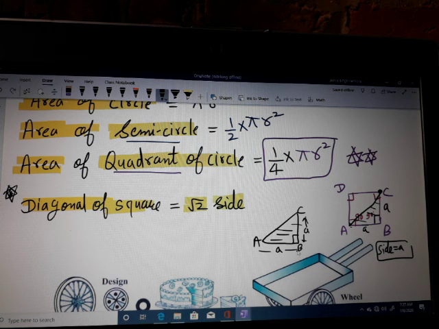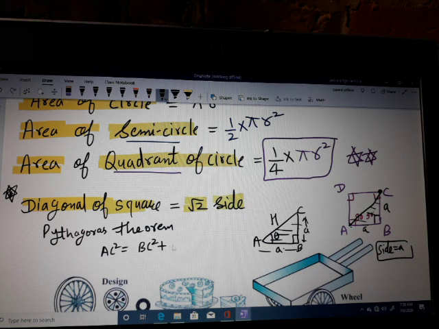You apply the Pythagoras theorem. Using the Pythagoras theorem, you can easily find the side AC. AC square is equal to, this is the hypotenuse, this is perpendicular, this is base. So perpendicular square plus base square is AC square.